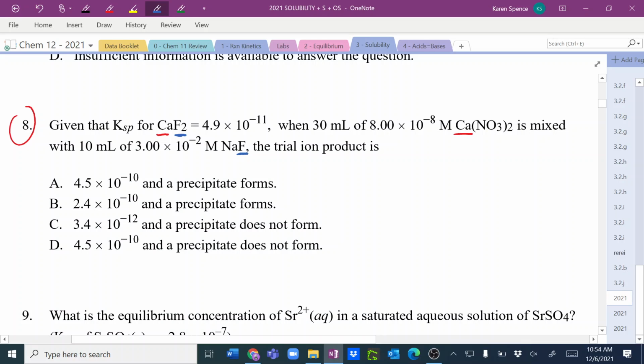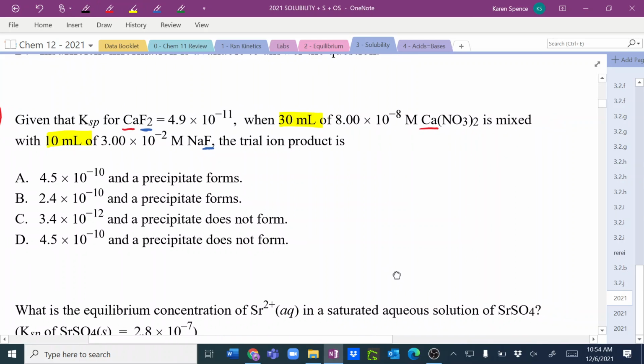And we have 2 different volumes. When we have 2 different volumes, what kind of calculation do we need to do? We need to do an M1, V1, M2, V2, or a noon. What do you guys prefer? You like M1, V1? I'll do this one as M1, V1.